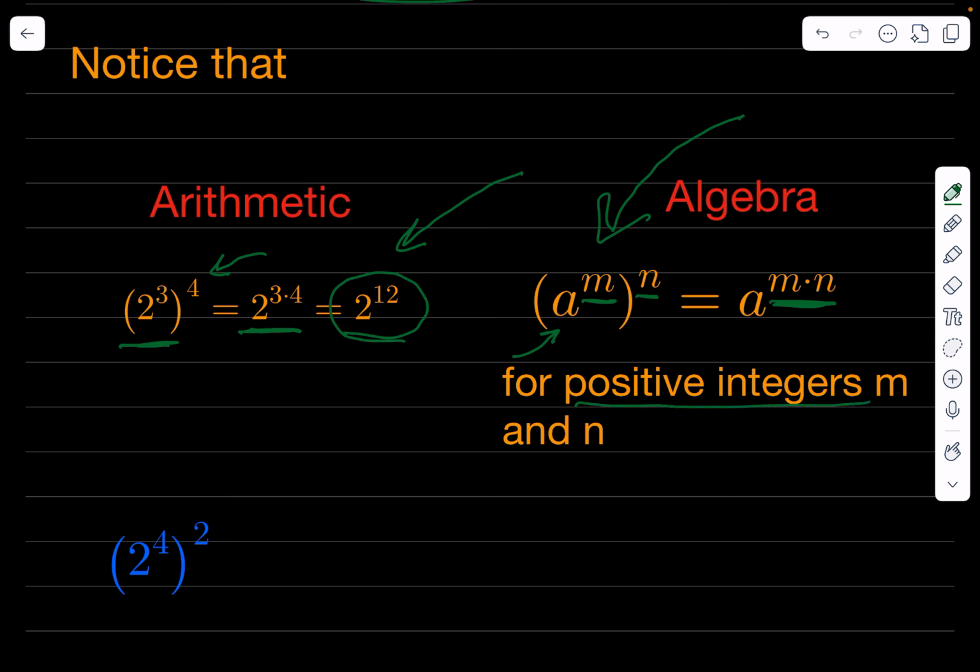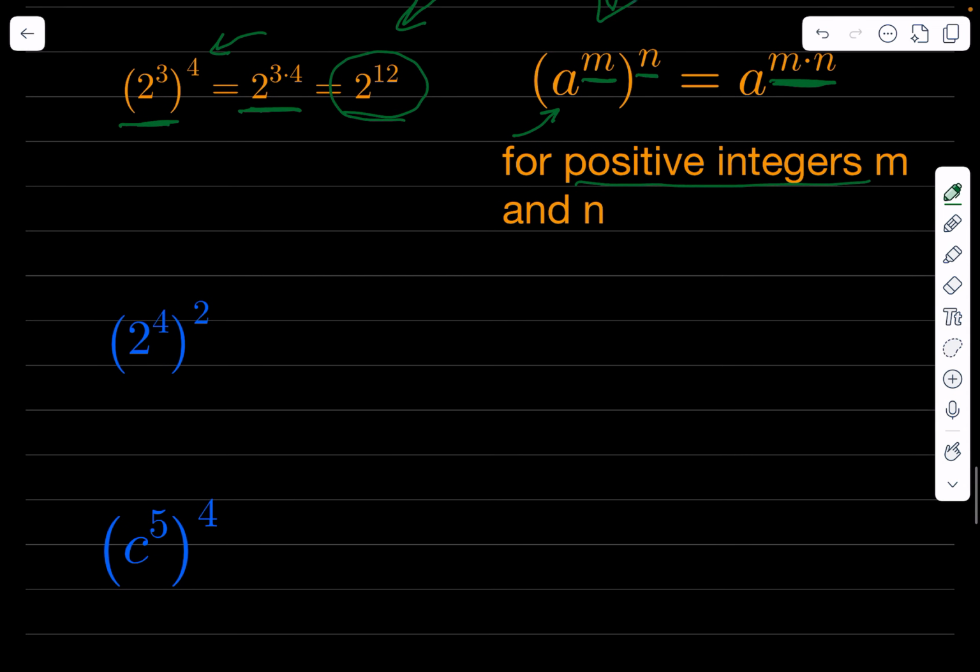So, let's take a quick look at a couple of examples. I've got 2 to the 4th raised to the power of 2. If we're using our properties, that means I've got 2 to the 4 times 2. I did parentheses. Parentheses mean multiplication, which means our answer is 2 to the 8th.